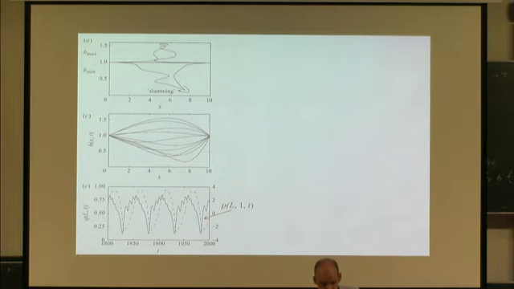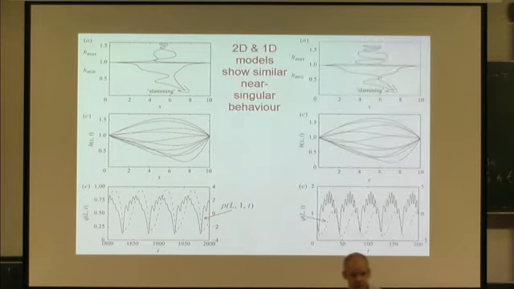Now, because that pressure variation across the channel is small, that suggests you might be able to get a lower order representation of this system. And indeed, we were able to do that with a cross-sectionally average model that I'll show you in a second. So instead of solving 2D Navier-Stokes, we solve a 1D PDE system. This is work of Peter Stewart, and you can find very similar looking oscillations with the 1D model.